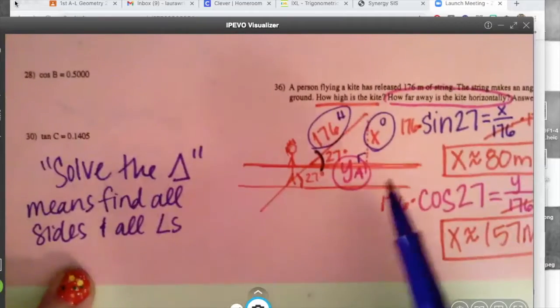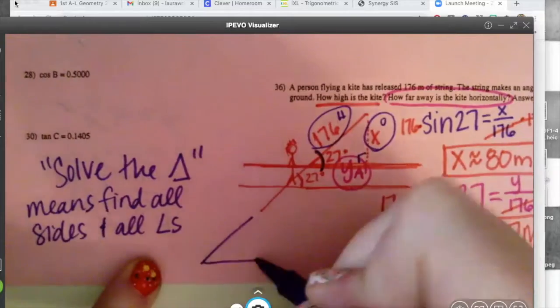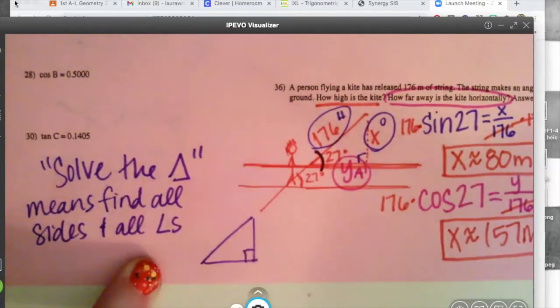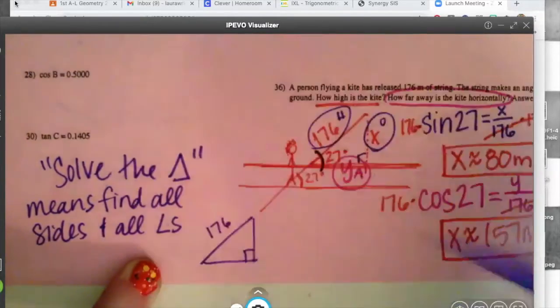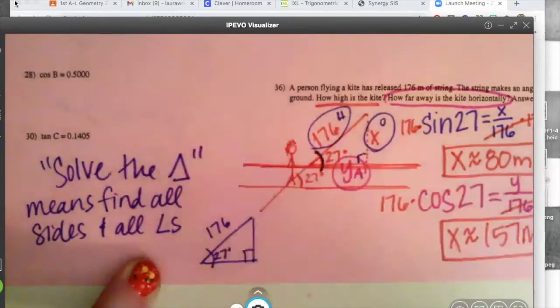So we have almost solved this triangle. We have that 90 degree right there, and we have the 176 that we were given. We also have this 27 that we were given.